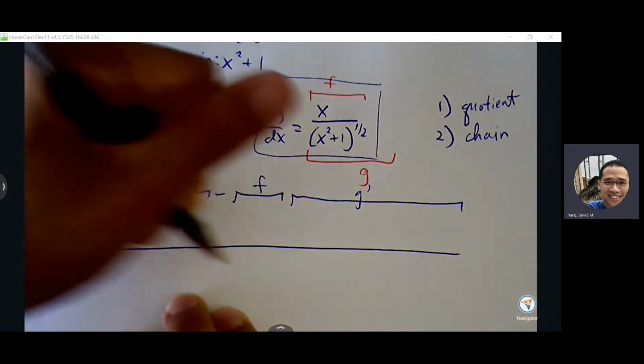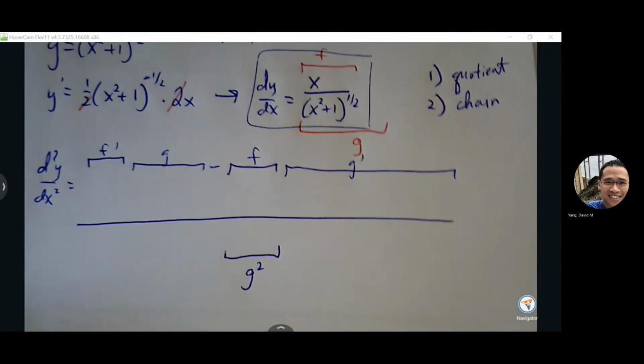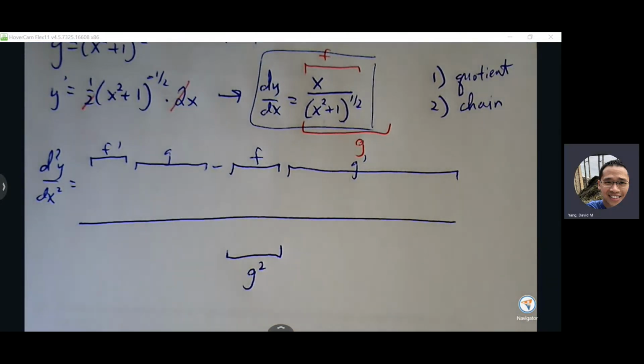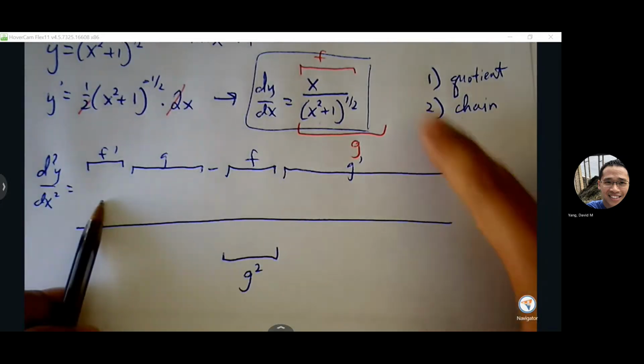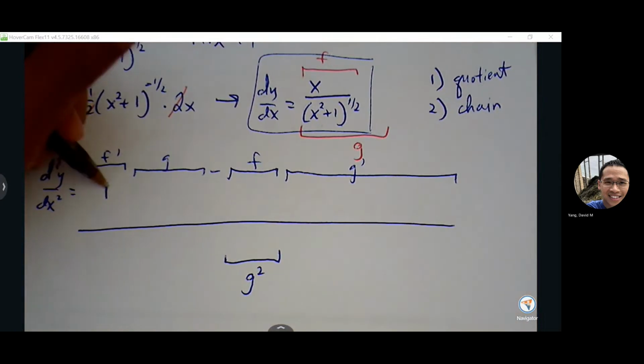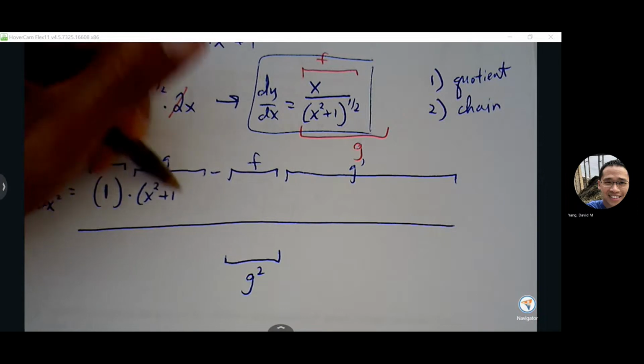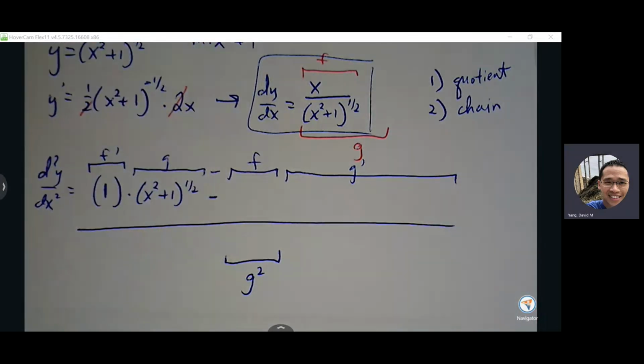Don't forget, if you're doing quotient rule, you've got to divide by denominator squared. Okay, so f prime. This one, g function, no changes. Back to f.